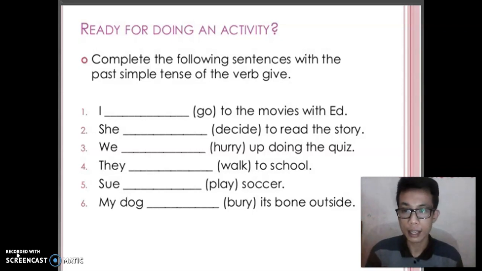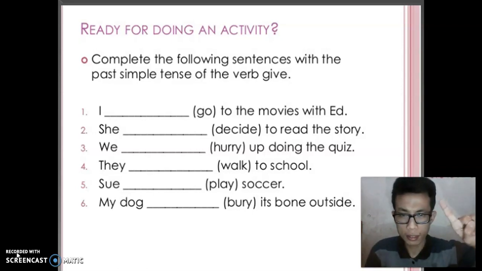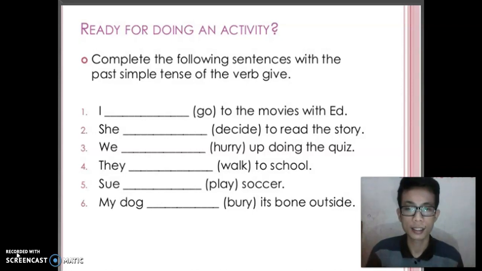Next, number 5: Sue blank play soccer. Here play, is it regular or irregular verb? 1, 2, 3. Ta-da! Here we do not change play, we just add ed because play is a regular verb. So Sue played soccer.